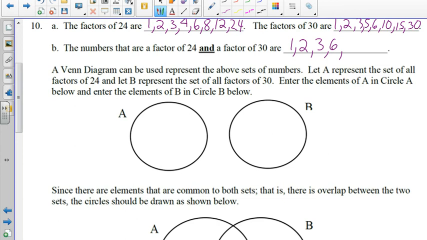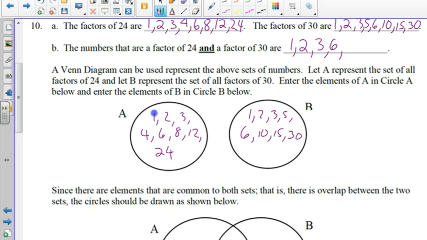A Venn diagram can be used to represent the above sets of numbers. Let A represent the set of all factors of 24, and let B represent the set of all factors of 30. Enter the elements of A in circle A and the elements of B in circle B. Since there are elements common to both sets, there is an overlap between the two sets, and the circles should be drawn as shown below.